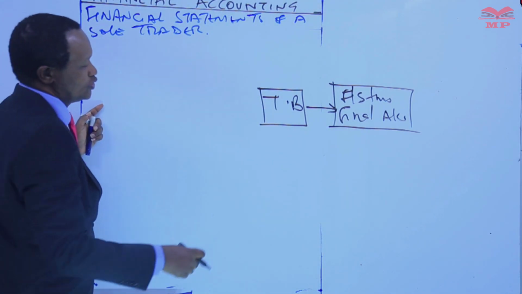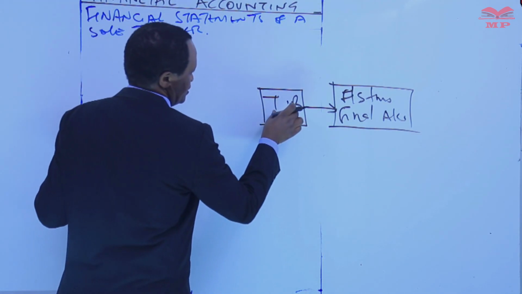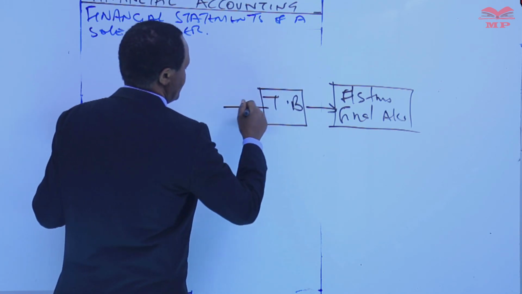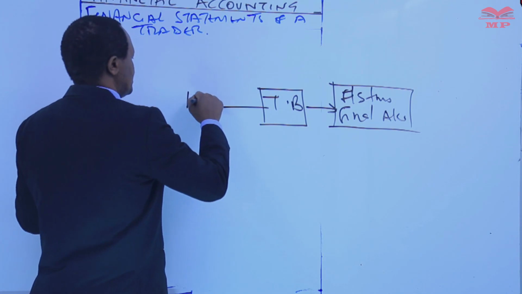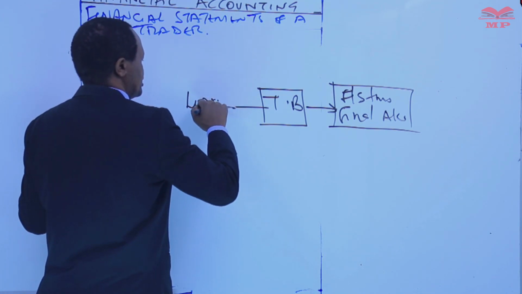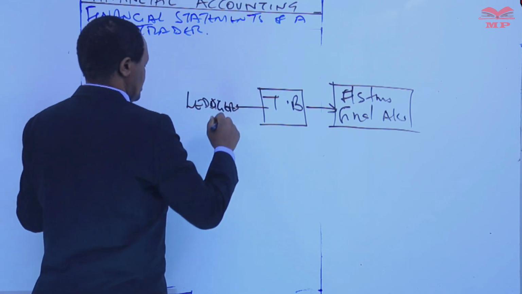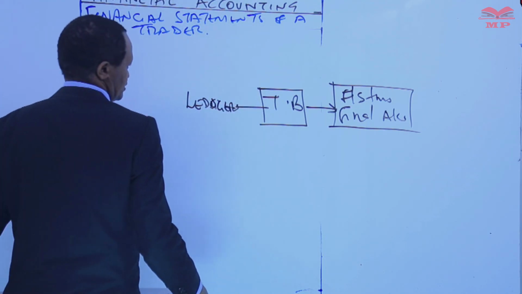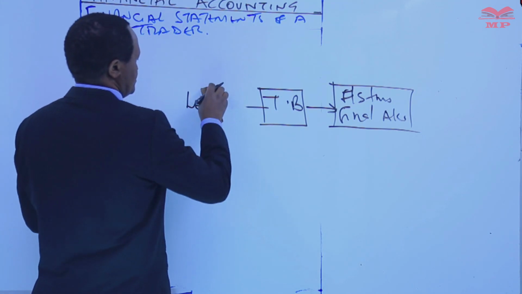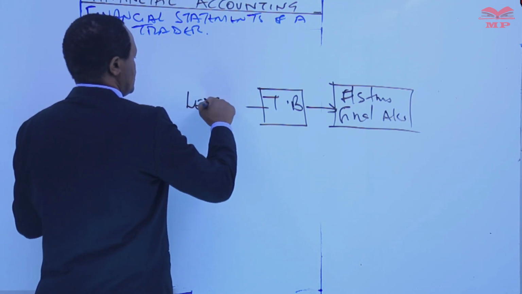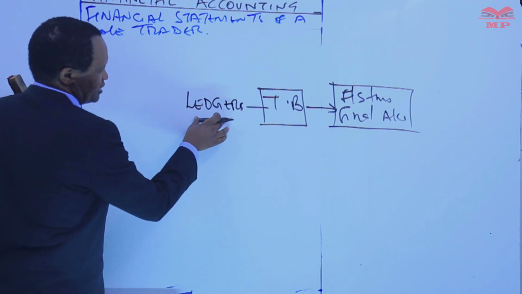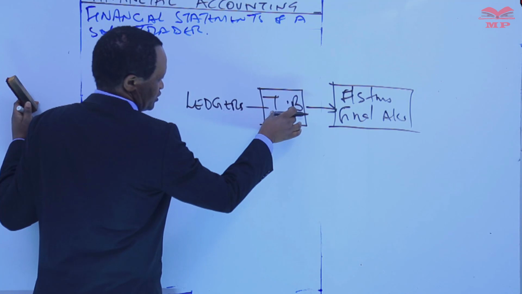And for you to extract a trial balance, you must have drawn up ledgers. It is on the basis of ledgers that we prepare or extract a trial balance.